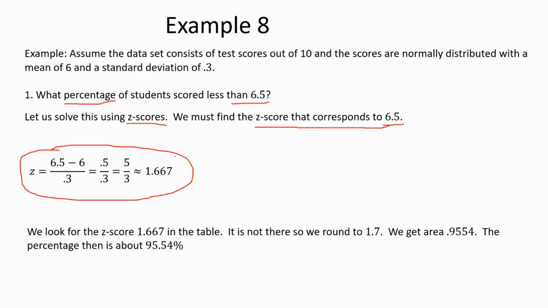Now, if you were to look in that table for a percentage of data values, you want to think, oh, area. But if you looked in that table, you would not see 1.667.